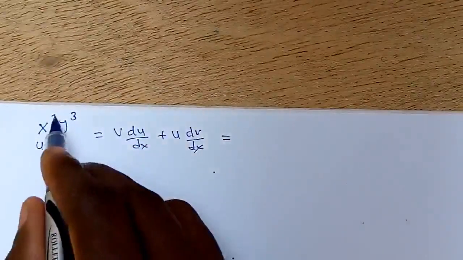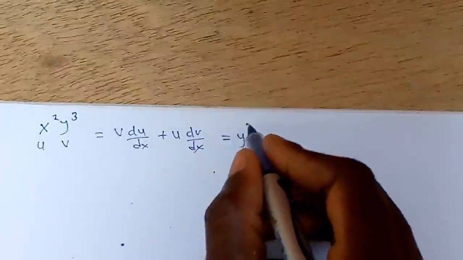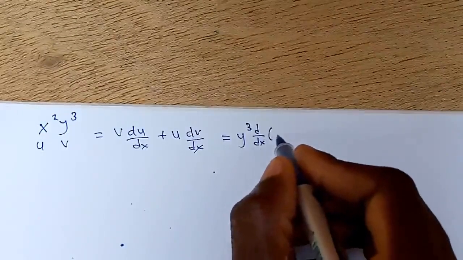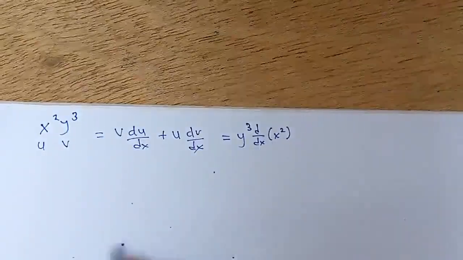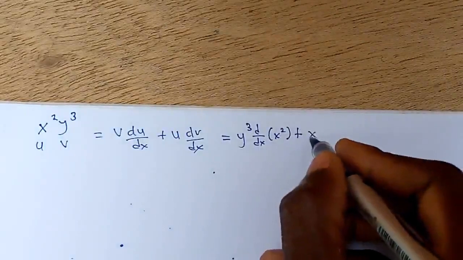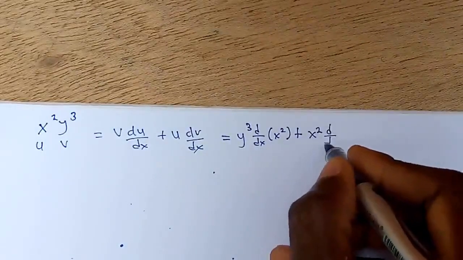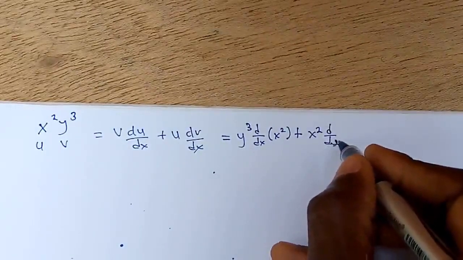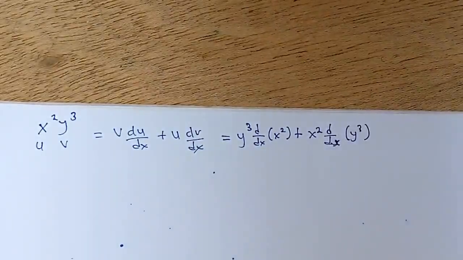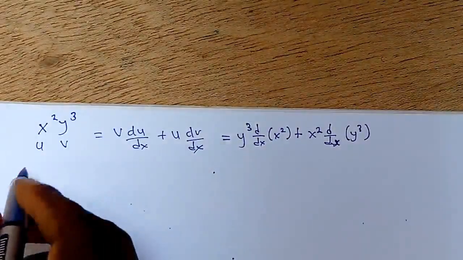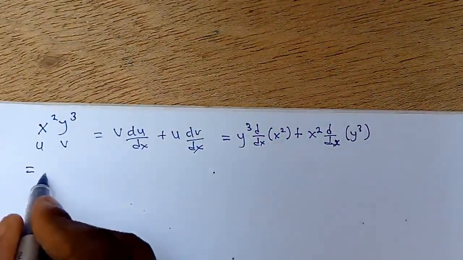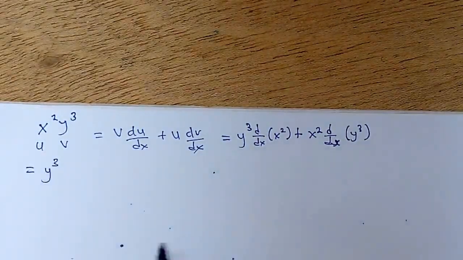So what is v? v is y cubed. I write my y cubed here and find the derivative of u, which is x squared, plus what's my u here? My u is x squared, so I write my x squared here and find the derivative of y raised to power 3. So y cubed, don't do anything to it.